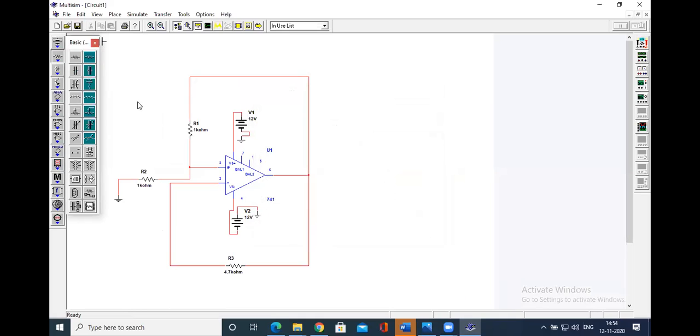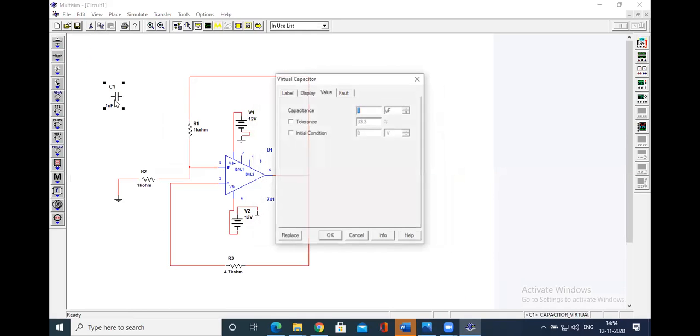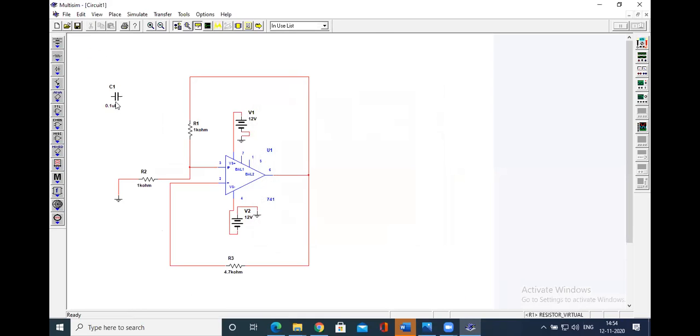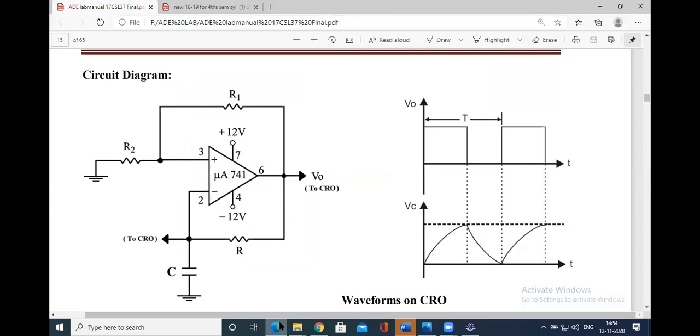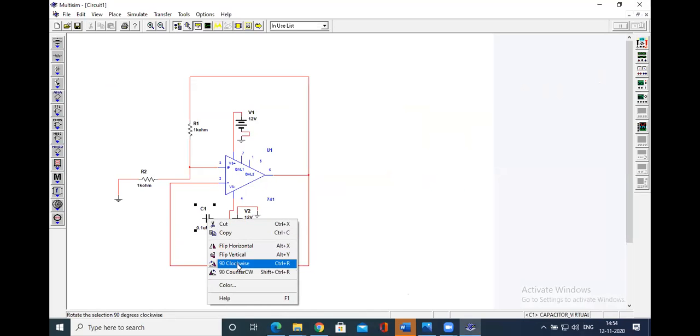Take virtual for both the resistor and this one, okay? But it is not 1 microfarad, it is 0.1 microfarad. Remember, you make the mistake while doing the experiment. If you keep only 1 microfarad and don't change it, then you will have an error. Fine. So this has to be connected at pin number 2. I'll drop it over here. One part you can flip if you want.